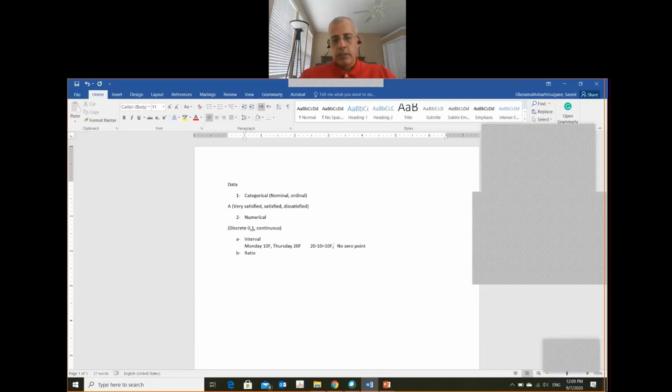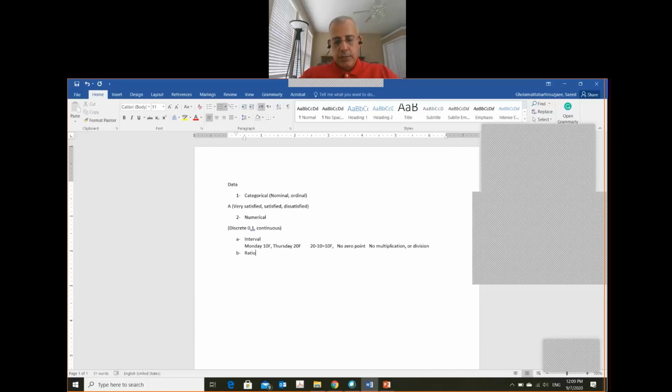Because of this weakness, we cannot perform multiplication or division on this type of data. It makes no sense to multiply interval data, so we cannot calculate the ratio between variables.